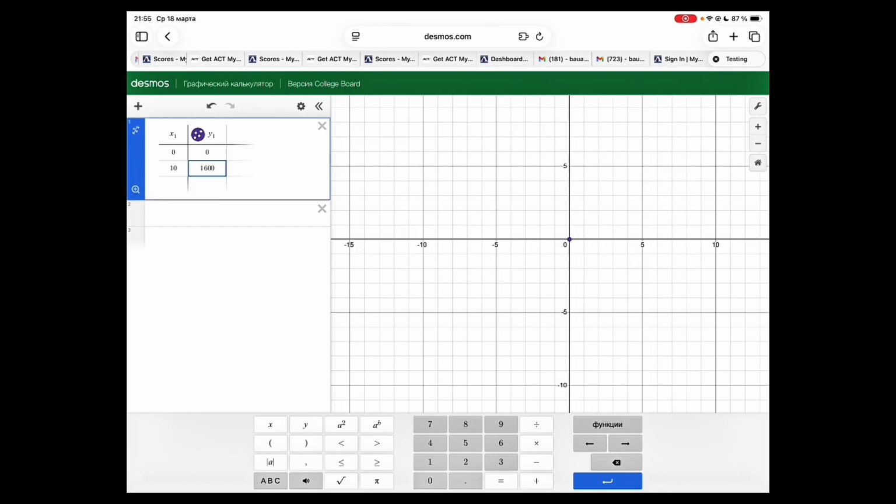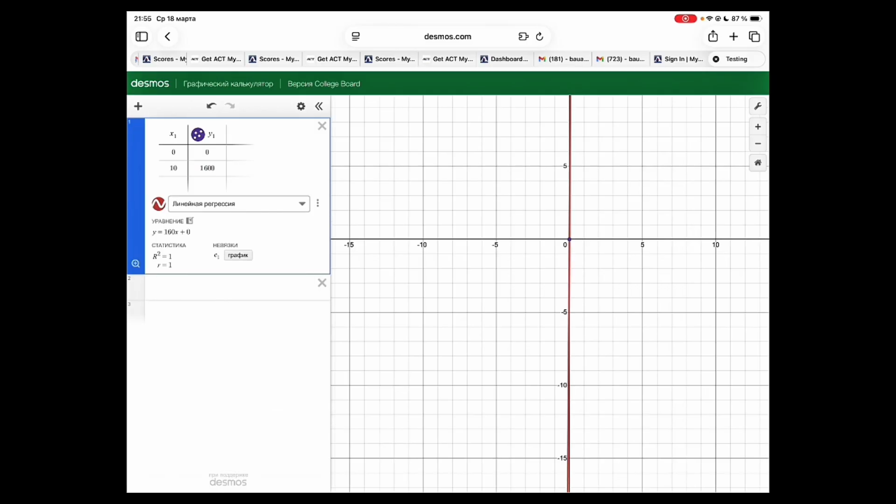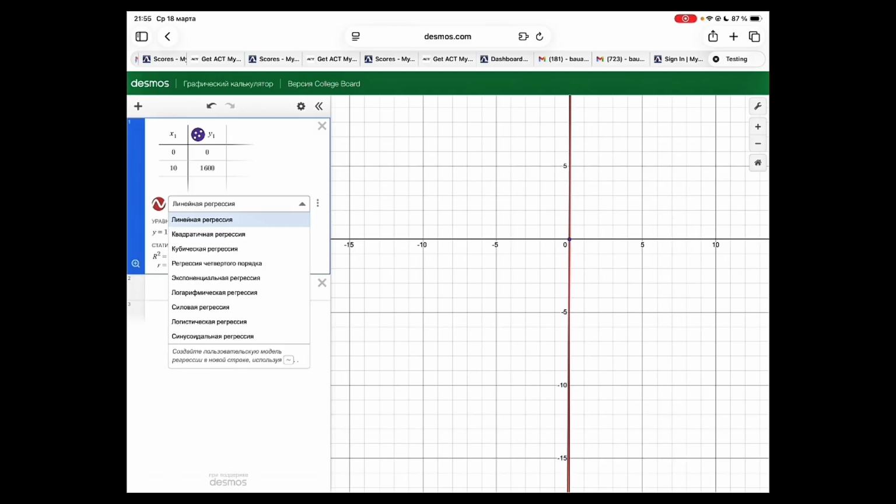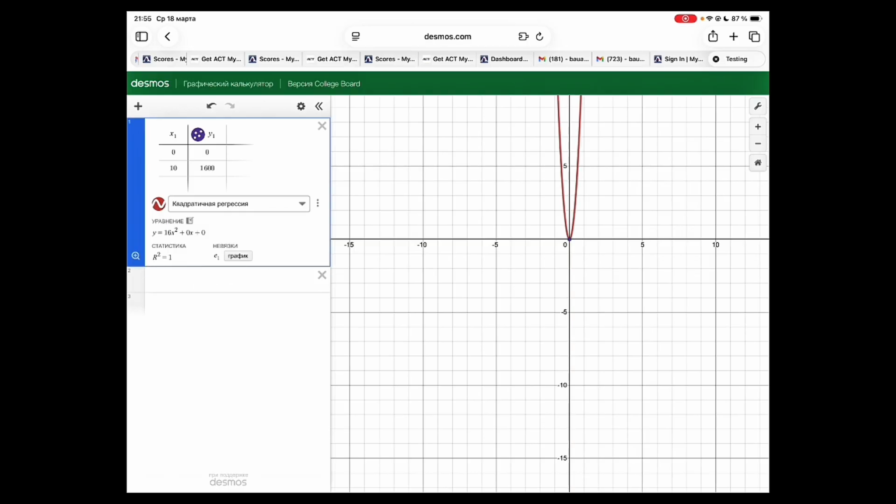If I wanted to create a regression, I press this button, regression, and I do not need linear regression, I need quadratic regression. And if you look at this, Desmos gives you some kind of equation like this.